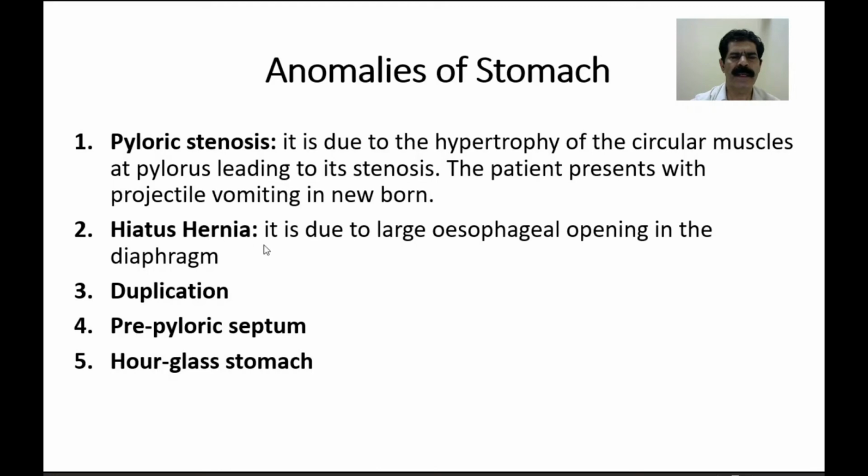Similarly, there is hiatus hernia, which we already did in the diaphragm. Whenever the esophageal opening of the diaphragm is bigger, the stomach may go into the thorax, and it is the cause of the various types of hiatus hernia. Then there may be duplication of the stomach, or a prepyloric septum inside, or the stomach may be of the hourglass type.